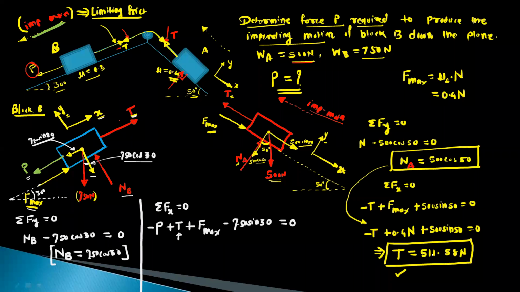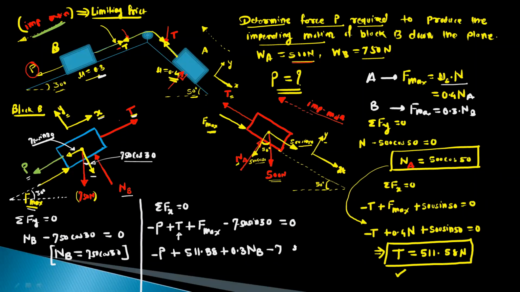Okay, now in this equation, we know the value of tension T. This is 511. F max value mu s into N. So this is for A. For B, this F max value, coefficient of friction is 0.3 into normal reaction, which is NB. So you will get the equation minus P plus tension is 511.58 plus this is 0.3 into normal reaction NB minus 750 sin 30.